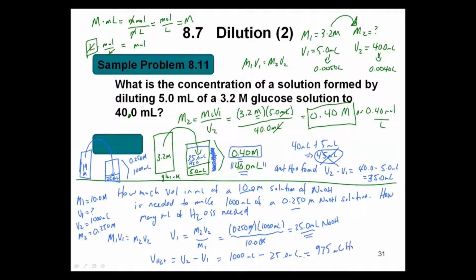So again, with that 25 milliliters, we would take 975 milliliters of water and basically dump it in with it. Again, give it a mix and shake. And again, we would end up with a solution that has a concentration of 0.25 molar.